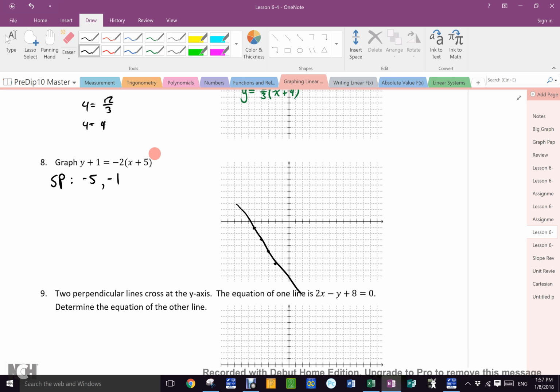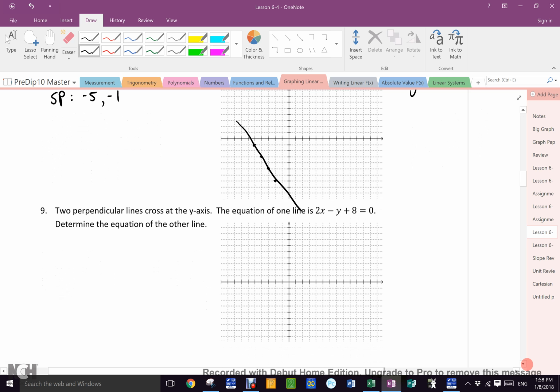How many different versions of this are there per line? Just one, because it's only got one y-intercept. How many different versions of that are there in a line? Infinite, because you have an infinite amount of points, even though the slope is never going to change. Does everybody understand? All right.